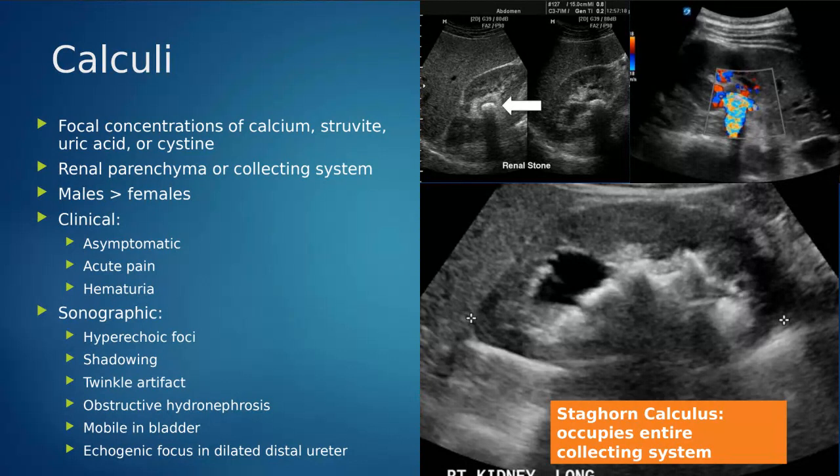Clinically, the patient can be asymptomatic, but I don't know of too many patients who don't complain of pain with a kidney stone. So for the most part, patients are going to have acute pain and blood in their urine. Usually pain is associated with movement of the stone. So if your stone stays put, usually the patient does not really have any pain.